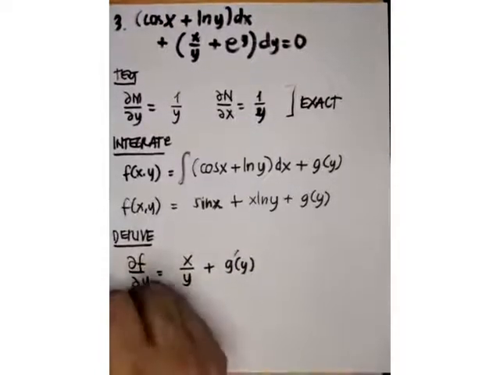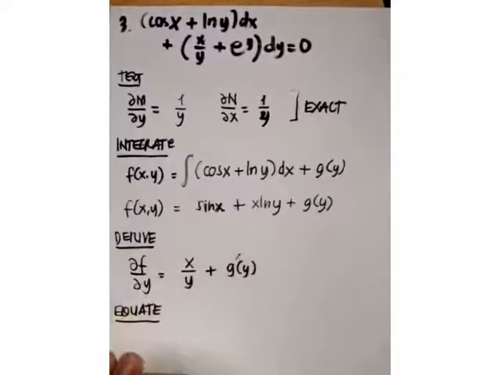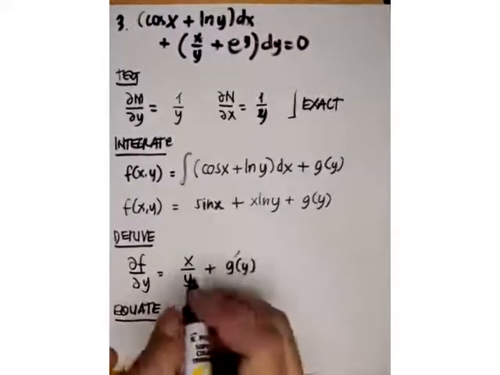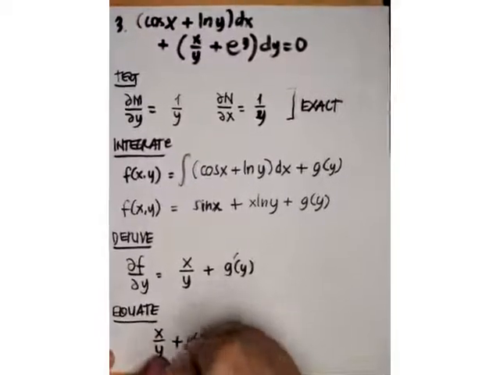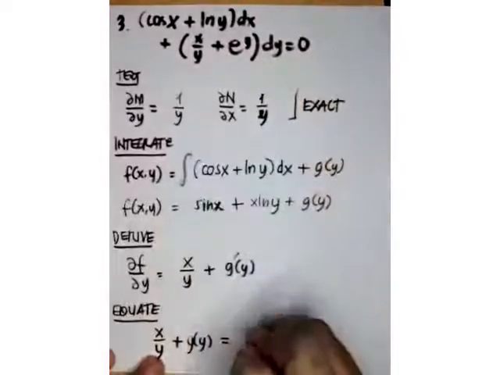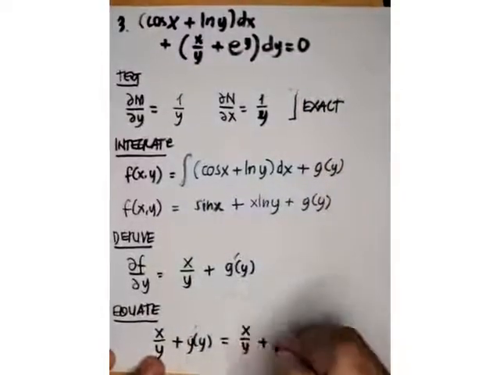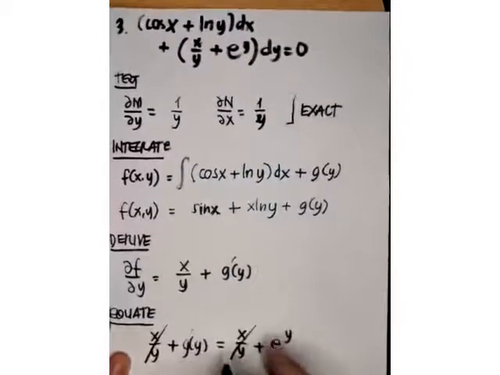And then let's equate. Equate natin siya sa N kasi M yung pinili natin. So x over y plus g of y prime is equal to yung N natin, ito, x over y plus e raised to y. So we can cancel.